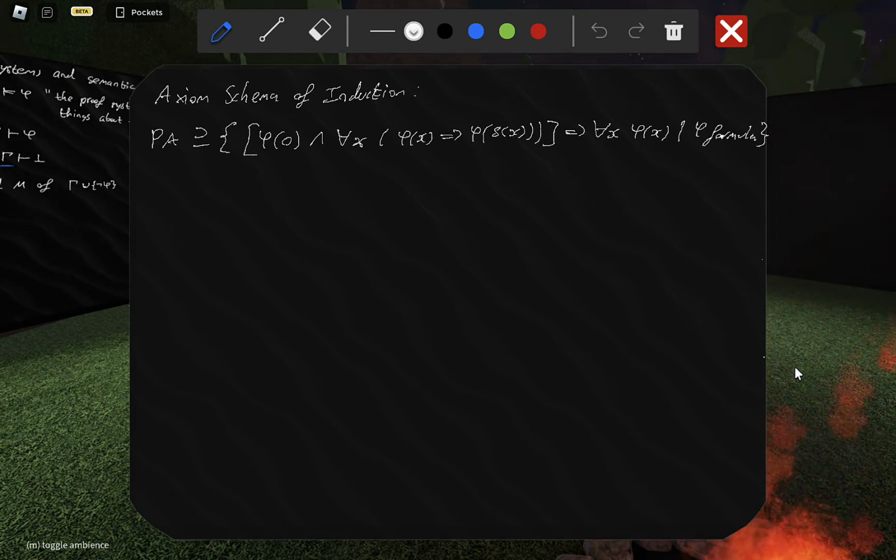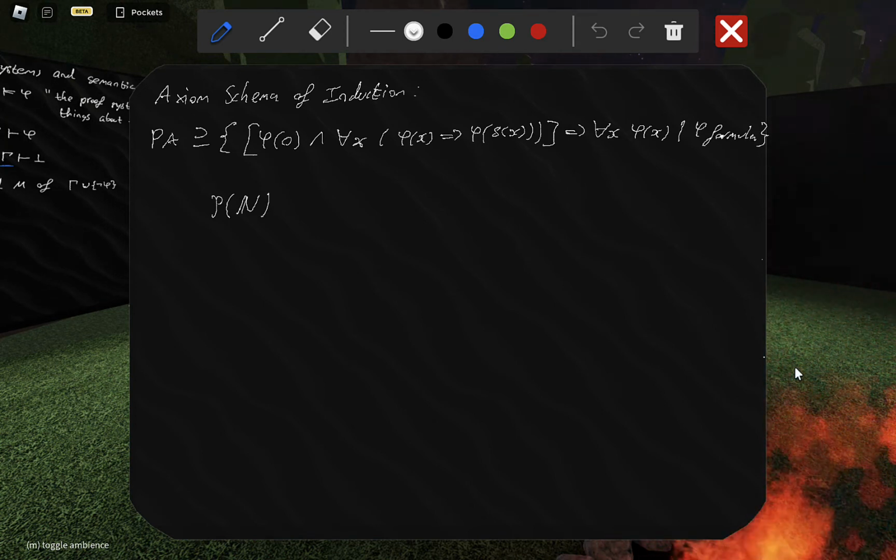And so it's not the set of all subsets of natural numbers.